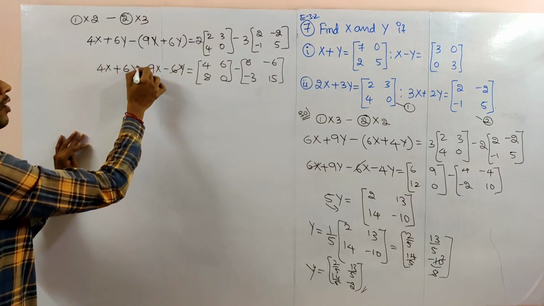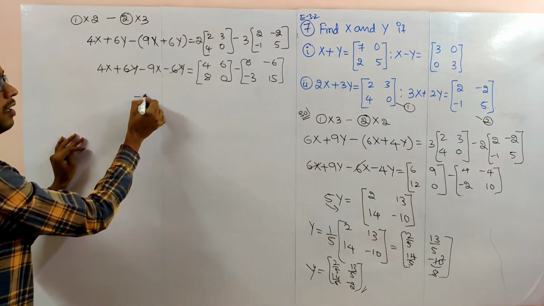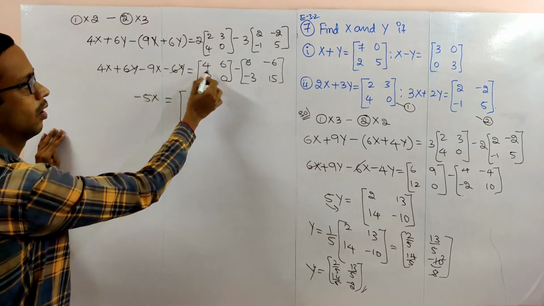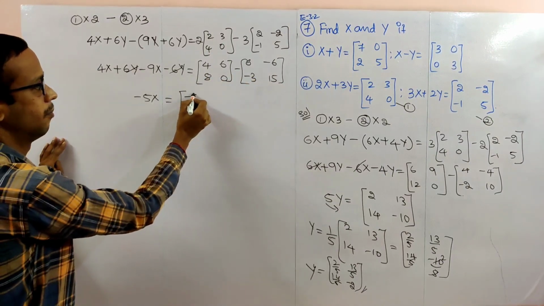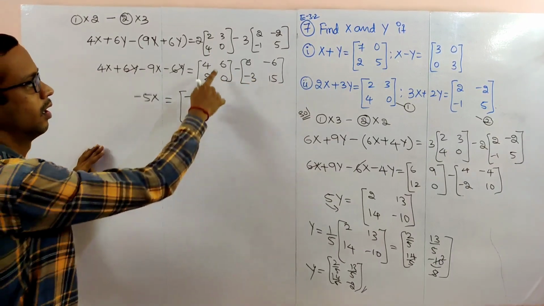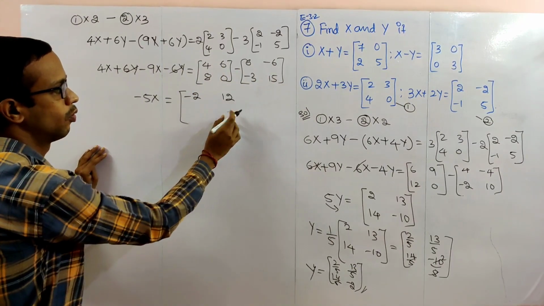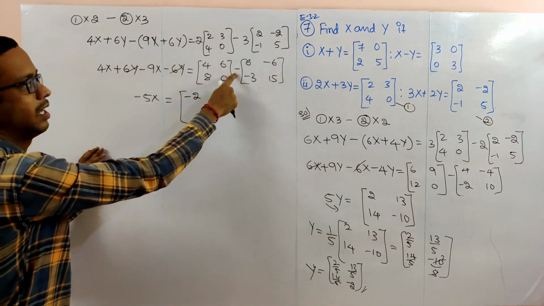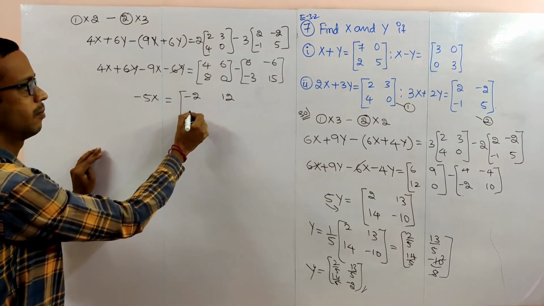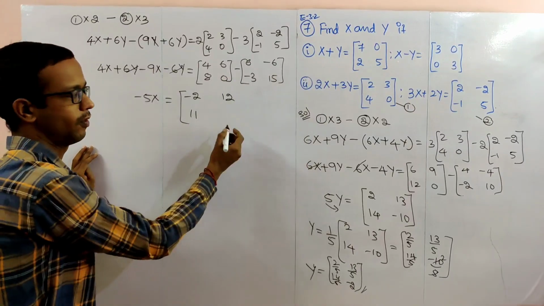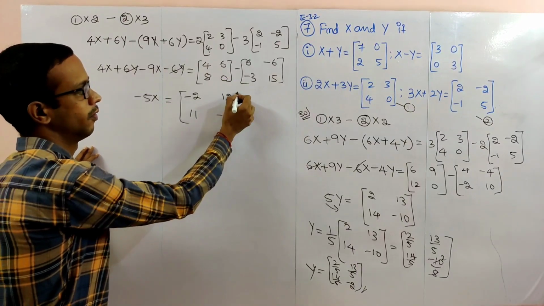So now here 6y cancel, minus 5x is equal to 4 minus 6 is minus 2. Next, 6 minus of minus 6 will become 12. Next, 8 minus of minus 3, 8 plus 3 is how much you will get? 11. 0 minus 15, minus 15.